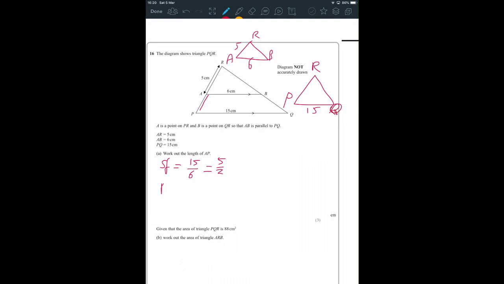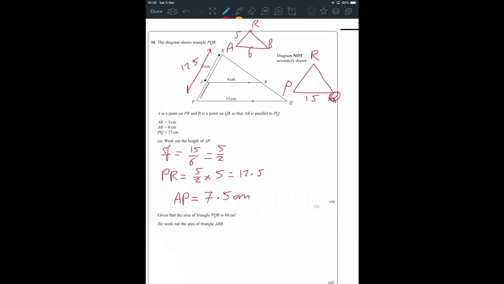So the whole length PR is 5/2 lots of the small version, which was AR, which was 5, is 12.5. So therefore the length I actually care about, AP, is the entire 12.5 that we've just worked out, take away the 5, is 7.5.